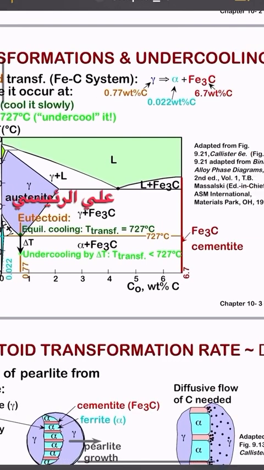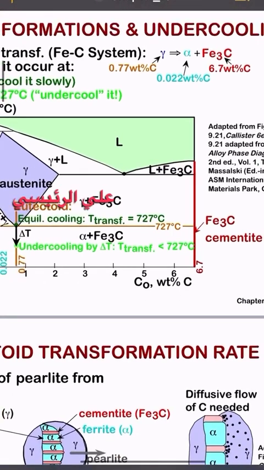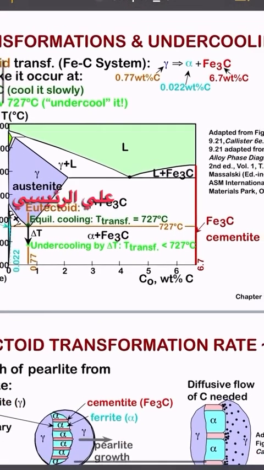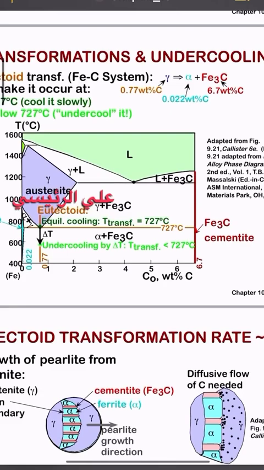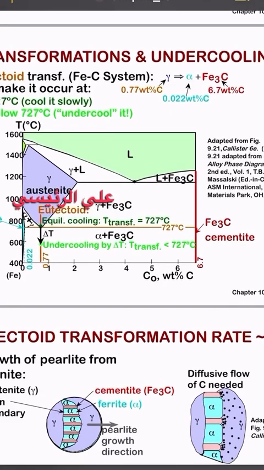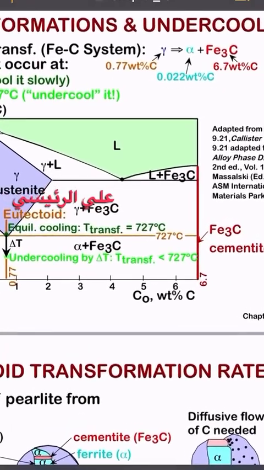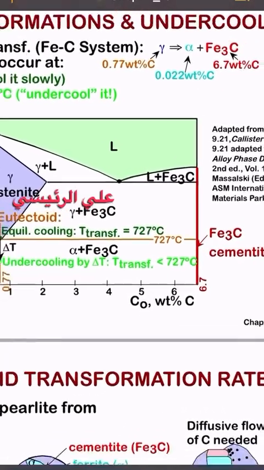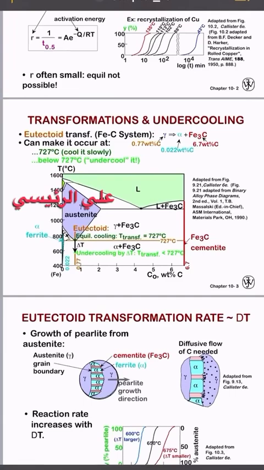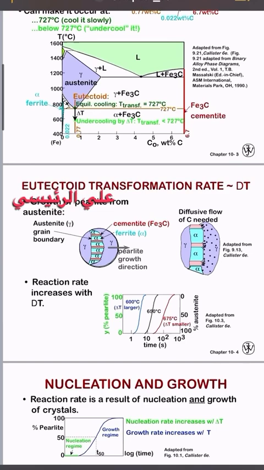You can see with the brown, it is 727 degrees Celsius. Delta T means the temperature that transferred is 727. So moving to the next slide, eutectoid transformation rate, dT.